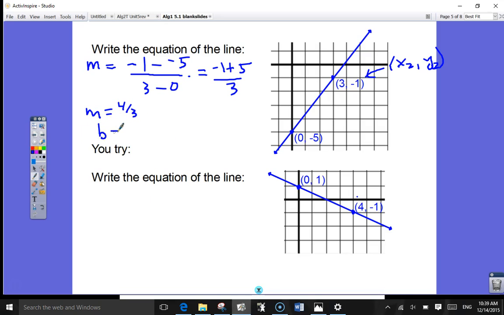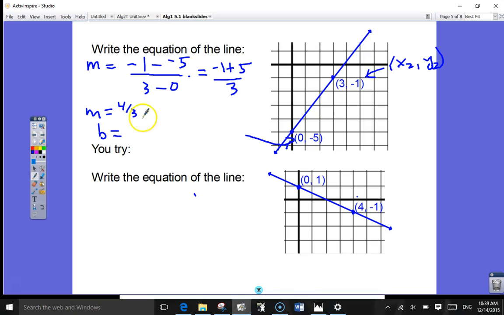And what is b? Yeah, the b is there. Remember, how do you know that this point is the y-intercept? If you didn't see it on the graph, what tells you it must be the y-intercept? Because x is 0. When x equals 0, the y-coordinate is the y-intercept.